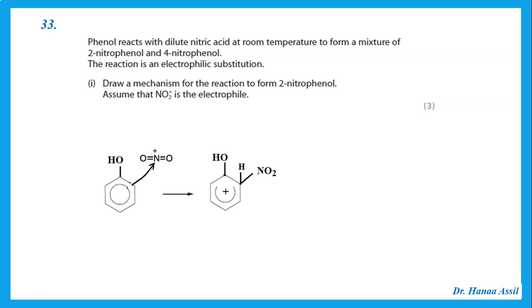So all we need to show is the fact that electrons from the benzene will attack the positively charged nitrogen in the electrophile. This adds the NO2 to the benzene ring, but the carbon there already has a hydrogen. And note please that the benzene ring now has a positive charge delocalized around it. Now we use the electrons from the hydrogen to remove that positive charge and return it back to a benzene ring.